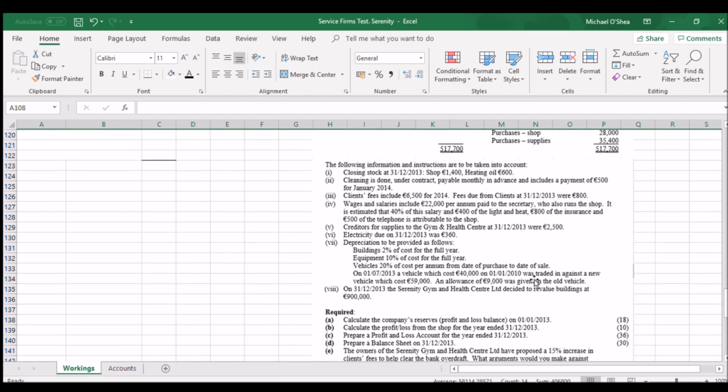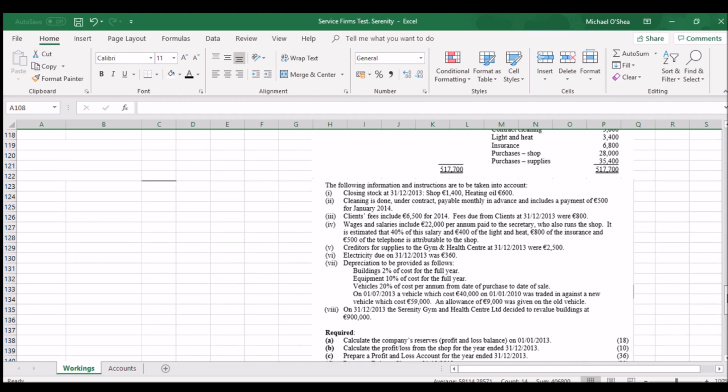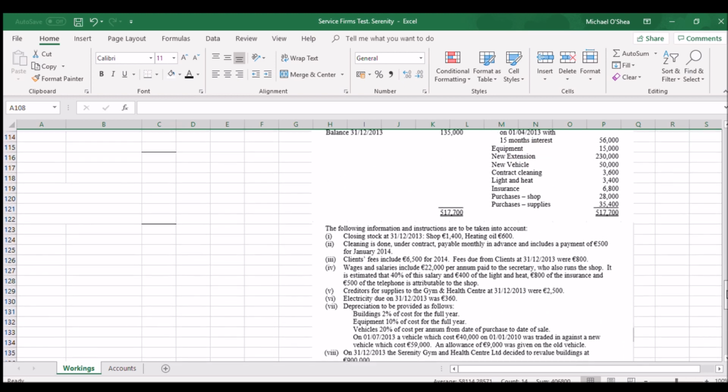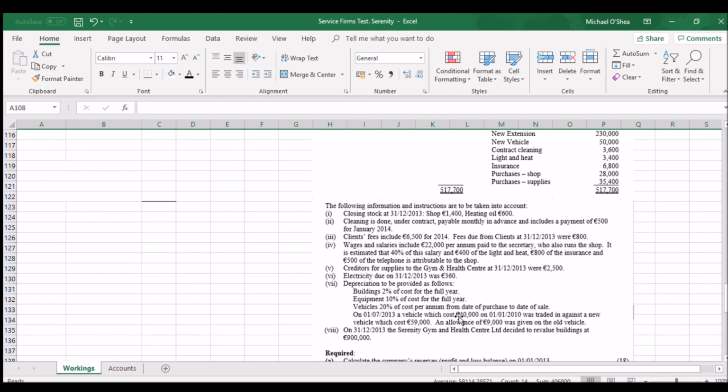At the bottom of the question it gives us information about selling a vehicle which had cost 40,000 on the 1st of the 1st 2010, so 3 years ago. That vehicle was traded in, and it's telling us about a new vehicle there. So it's telling us that we had a vehicle and it cost 40,000. Whenever we are trying to dispose of a vehicle and take it out of our accounts, we have to take it out of cost.